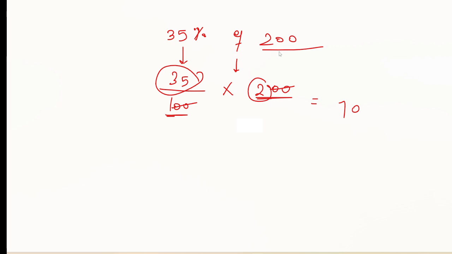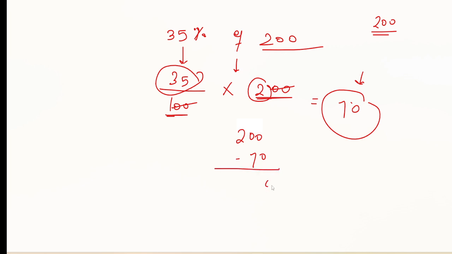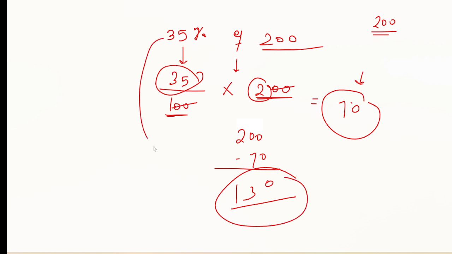So 35% of 200 means 70. So there is a discount of 70. That means if there is a t-shirt of 200 and you subtract 70 from 200, you will get 130. That means after the discount of 35%, you will get it for 130.